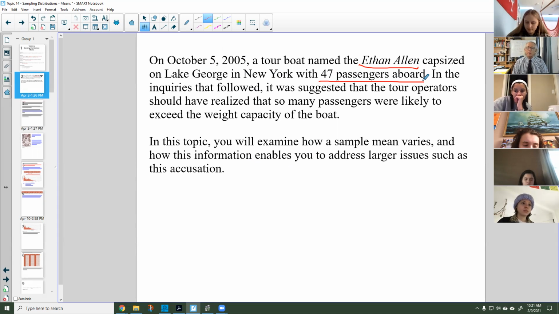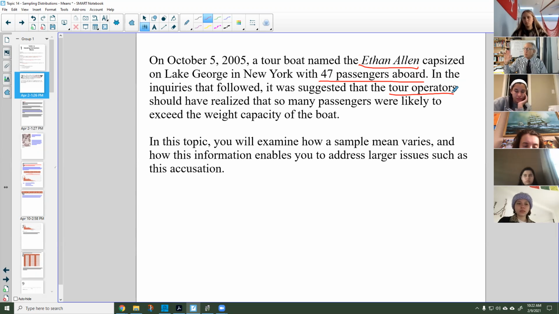The question that came up was whether the people operating the boat, the tour operators, should have known that 47 people was too much, and how should they have known that? You can imagine there was a big lawsuit about it. The people who were injured or died, their families, were suing the tour boat operator, saying they should have known about it. And they used statistics to prove their case.